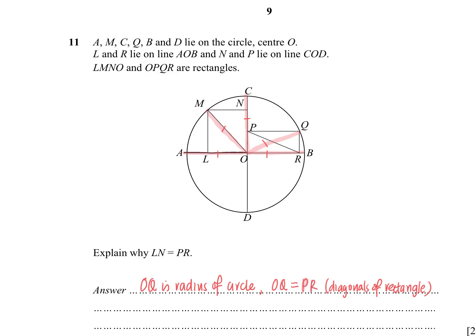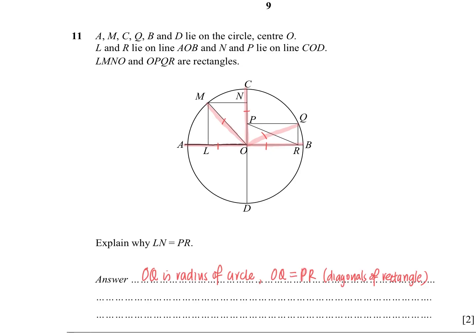Okay, because the diagonals are of the same length, right? So now what I need to prove is that it is also equal to LN. So PR is equal to OQ. This is a proven fact already. These two are diagonals and they are of the same length. One of them is the radius.